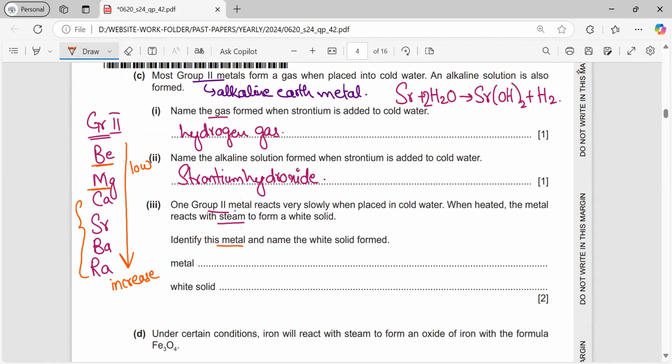Here, the metal which forms a white solid is magnesium. So magnesium forms a white solid which is magnesium oxide, because when it reacts with steam, it forms magnesium oxide, not the hydroxide.